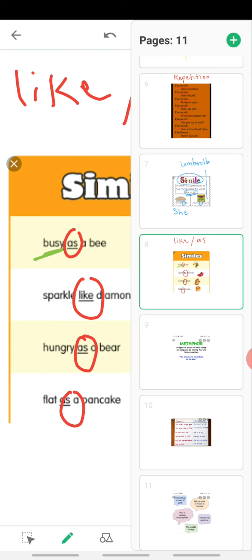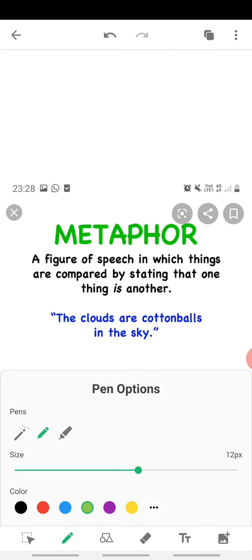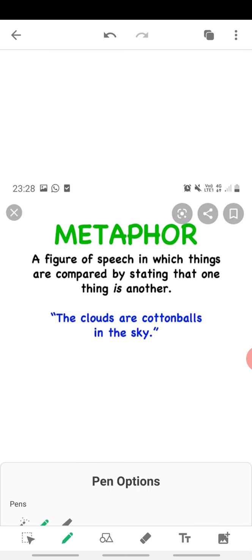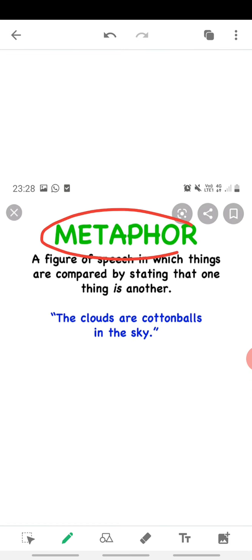Let's go to the next figure of speech, metaphor. Now metaphor is a figure of speech in which things are compared by stating that one thing is another. So now this is again a little confusing for you. This is similar to simile.